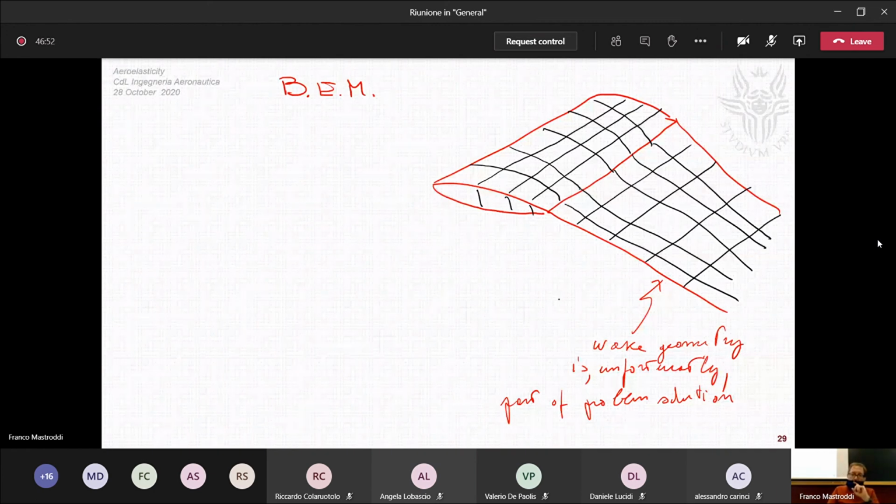I am subdividing the body in M panels on the body, and N panels on the wake. I know, I told you, we don't know the wake geometry. How can you subdivide? You don't know, please. Suppose to have, for a second, N panels. Okay?